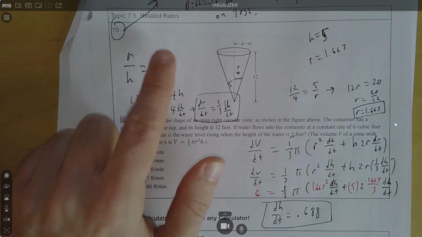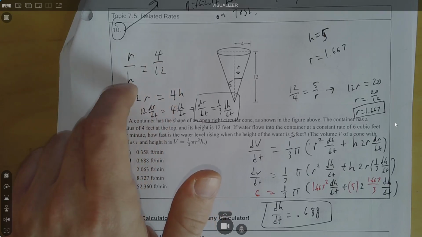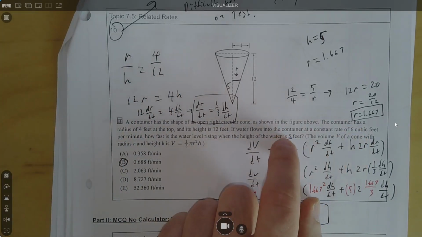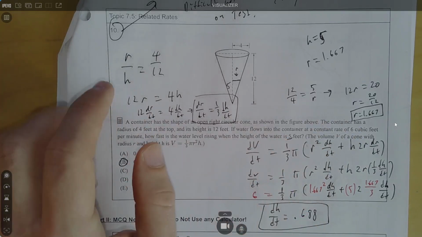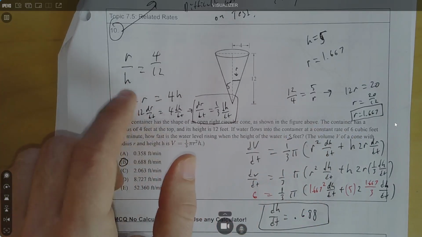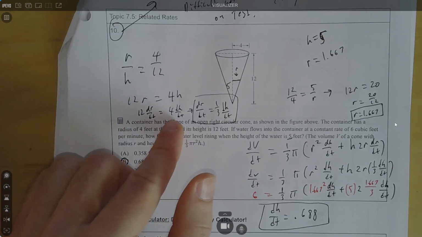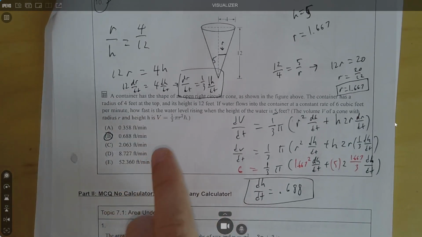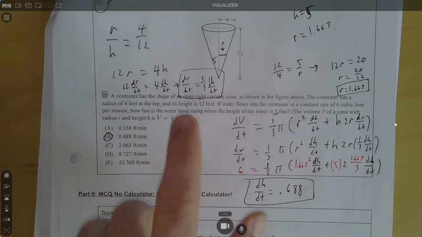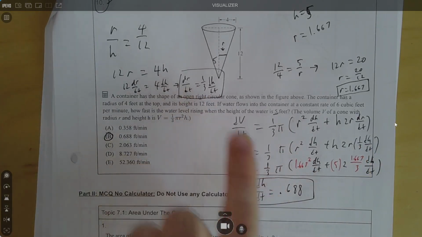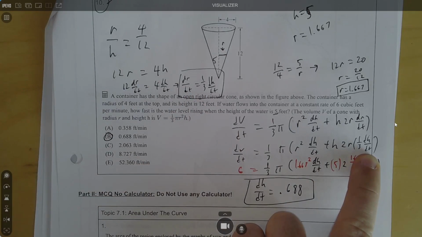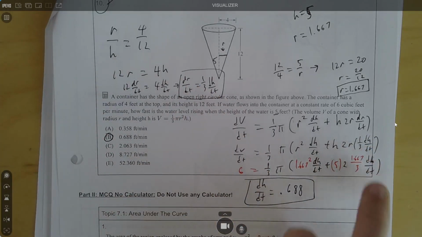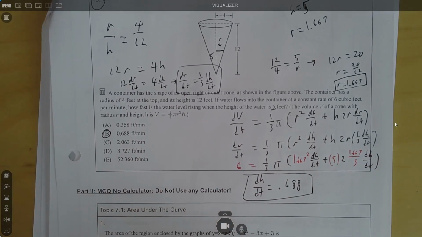So by using this equation, r over h equals 4 over 12, you're able to find r at the specific height, 5 feet, and then you're able to relate dr/dt and dh/dt, so that when you differentiate V here and you get this formula, you can sub in dh/dt for dr/dt right here, and then when you plug in your values, it all comes out okay.